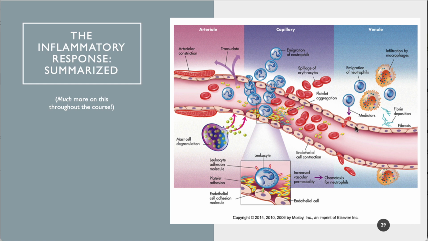And then you have the macrophages that infiltrate the area to pick up all the remnants of this terrible battle and clean up the battlefield. So if that's what you learn, good. I hope you learn it all.